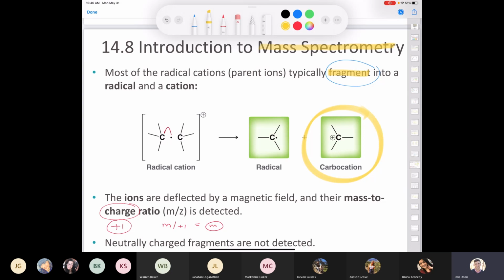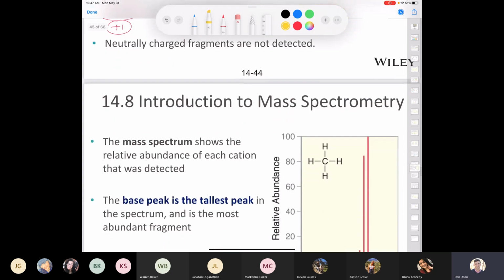By looking at the mass spectra of different molecules that they find in different tissues, since those spectra are like a fingerprint, they can compare them to other mass spectra and say, hey, this person had Xanax in their bloodstream, or this person had tetrahydrocannabinol in their system, because we have a predictable fragmentation of an organic molecule.